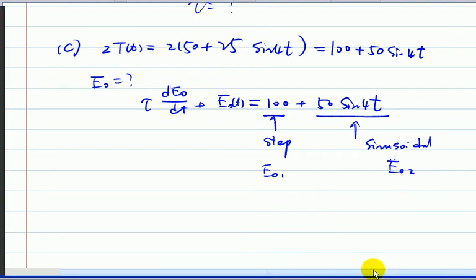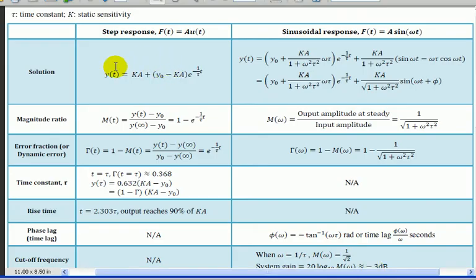From a table here, I can get my E naught 1 from this equation, and I can get my E naught 2 from this equation here. Overall, you will be able to get a solution for everything.